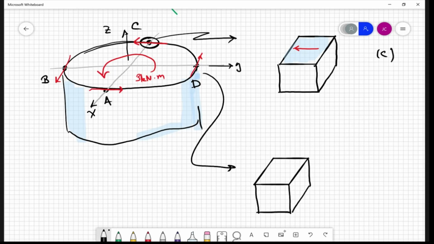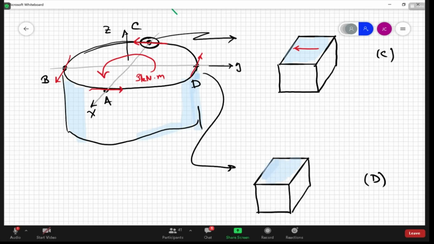So shear stress acts on a plane. Is it XY, YZ, ZX? What is it going to be? XY. Nope. YZ. That's right. In this case, it's acting in the YZ plane, right?